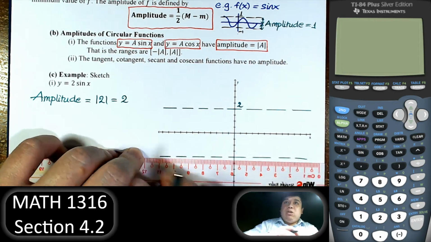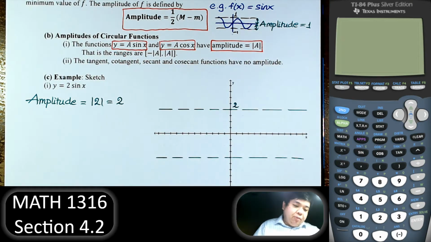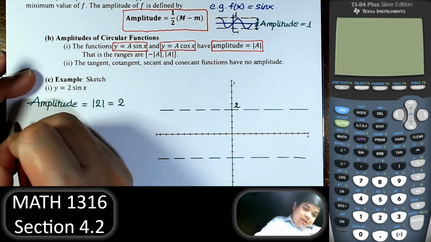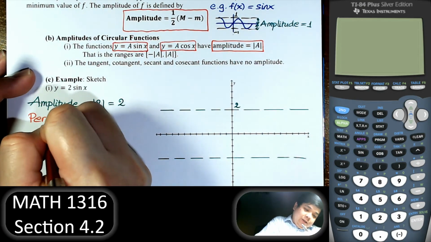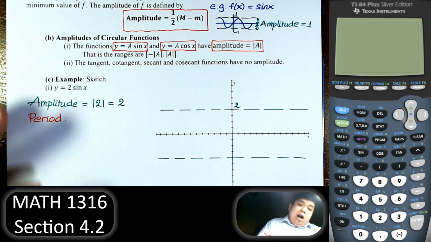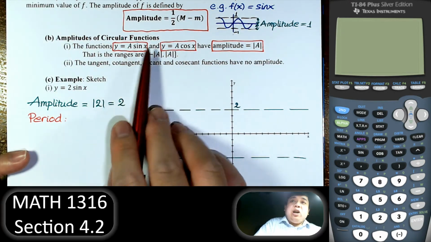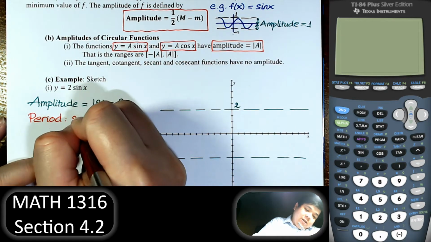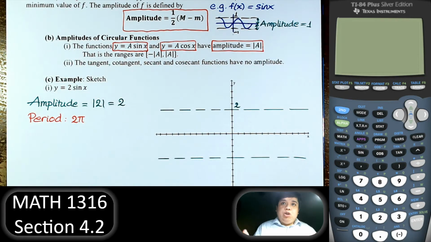So the graph will be bouncing between these two lines. Next, the period. The period for sine and cosine is 2 pi. So we're just going to choose 2 pi to be the period.